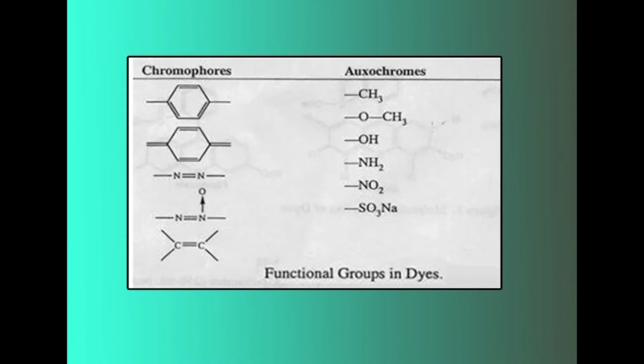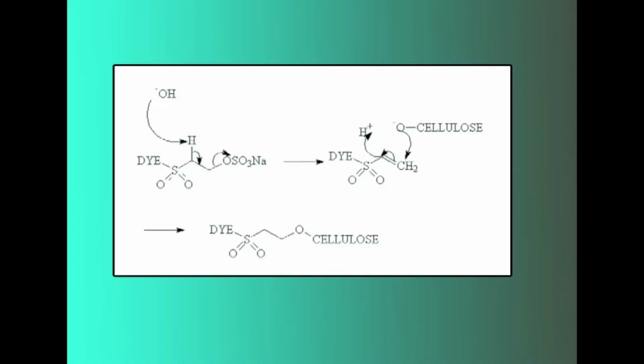A dye molecule without oxochromes would lack intensity of color, because the incident light waves would not be absorbed or reflected in a uniform way, and the sensation of color would not be as good as in a dye molecule with oxochromes, and so oxochromes are compulsory in a dye molecule. These oxochromes tend to be polar, and this increases the overall polarity of the dye molecule, and thus increases its absorption in water.